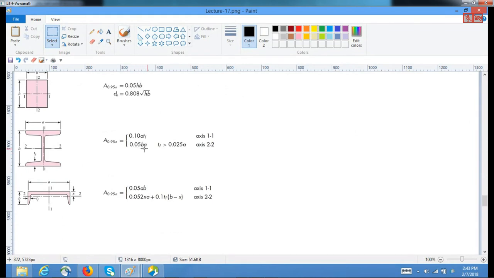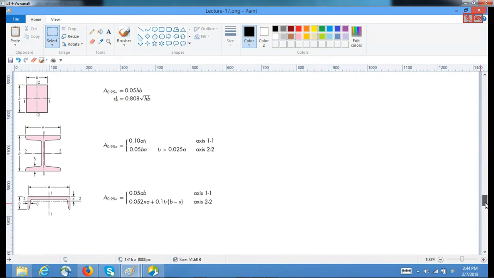And similarly for a C section or channel section, axis 1 direction is 0.05 B and the other direction is 2. This is the case when you are doing it for torsion and bending loading.